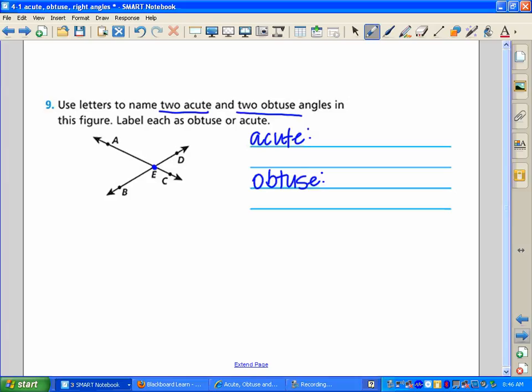Christiane, you can help. She found angle DEC for an acute angle. Give me a thumbs up if you agree that angle DEC is an acute angle. All right, let's write that one down. Angle DEC.